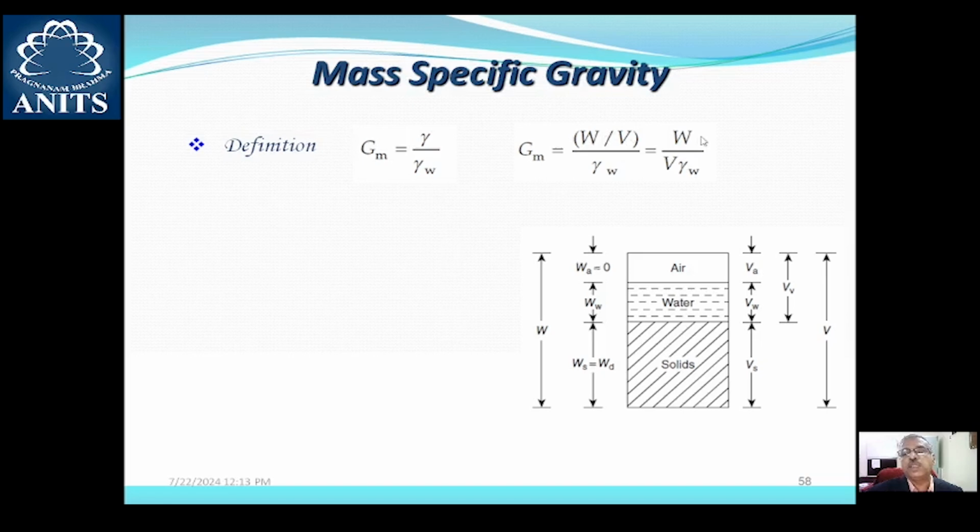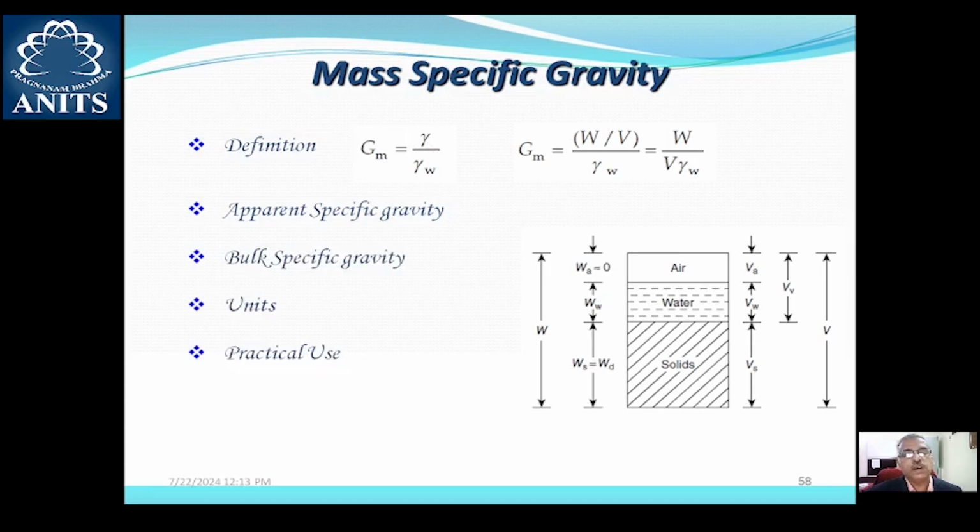Therefore, Gm is nothing but W by V gamma W. Mass specific gravity is also called bulk specific gravity because we are using the bulk density in the numerator in its definition. Another name for mass specific gravity is apparent specific gravity. There are no units for mass specific gravity.